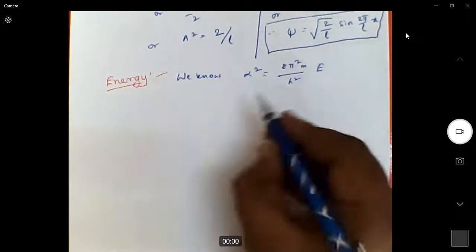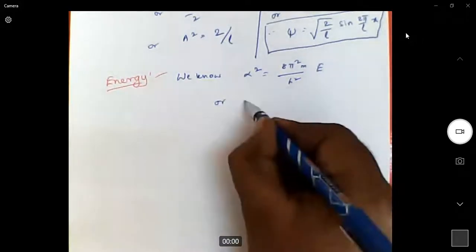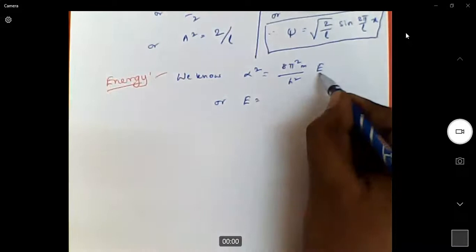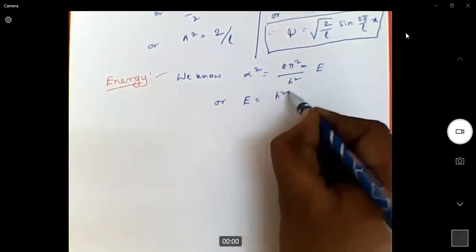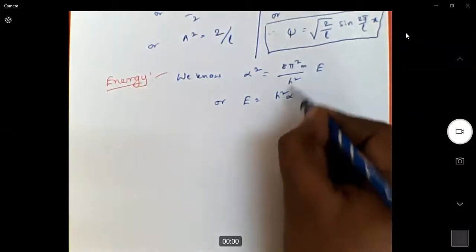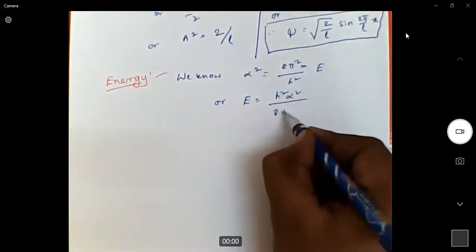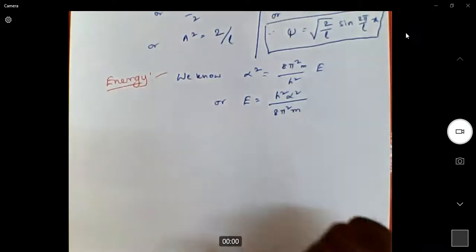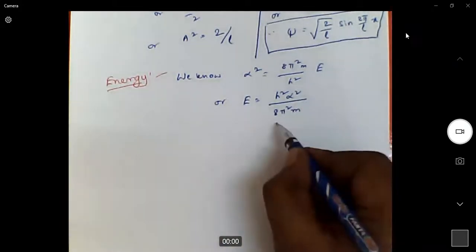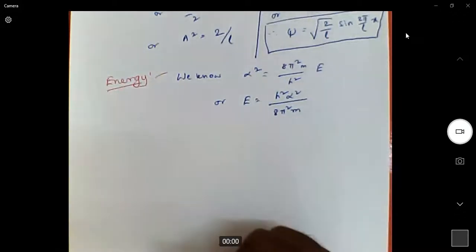E is nothing but energy. So we will rewrite this in terms of energy. E is equal to, you make everything this side, h square alpha square by 8 pi square m.